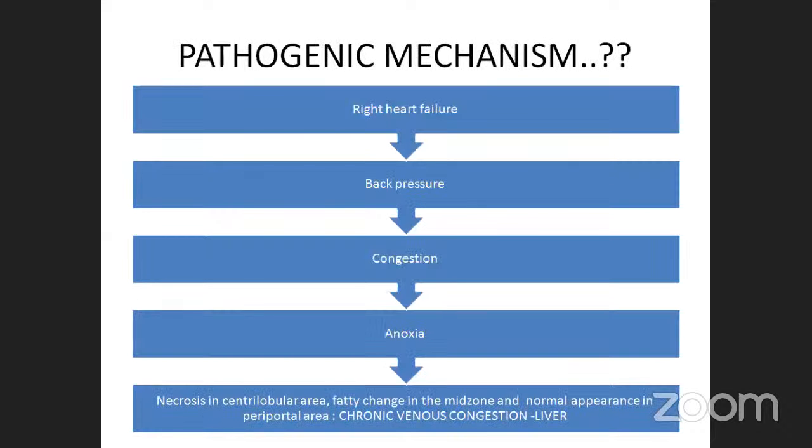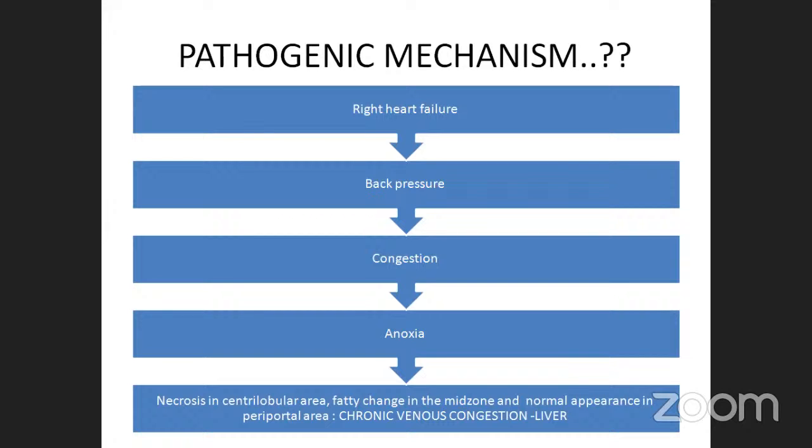The pathogenesis is very obvious: there is right heart failure, and due to this there is a back pressure into the inferior vena cava and hepatic veins and the central veins of the liver, which get congested. The area around the central vein becomes anoxic, and there is a centrilobular hemorrhagic or anoxic necrosis.